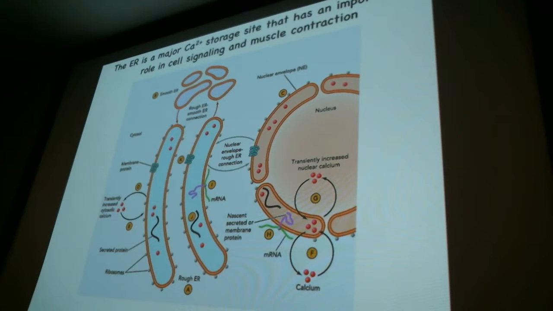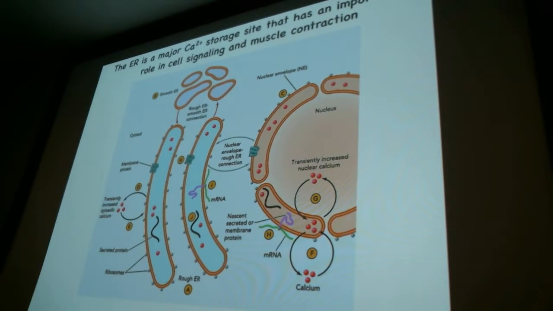Which order of magnitude? 10,000. So maybe it's easier to think in nanomolar versus millimolar, right? Millimolar outside, nanomolar in the cytosol. And inside the lumen of the ER is again millimolar. So this is a very important signaling mechanism, and the ER plays an important role.